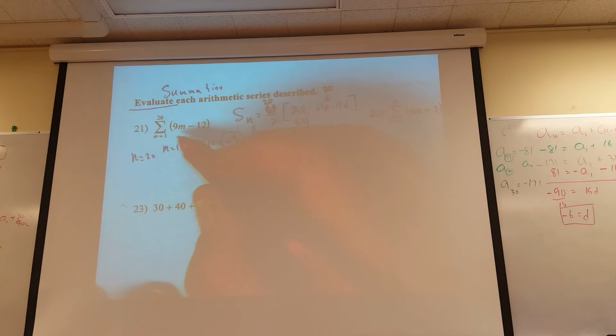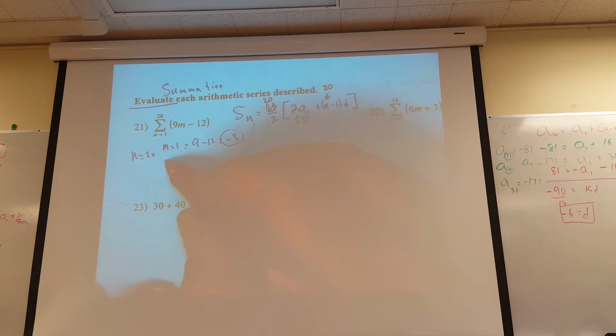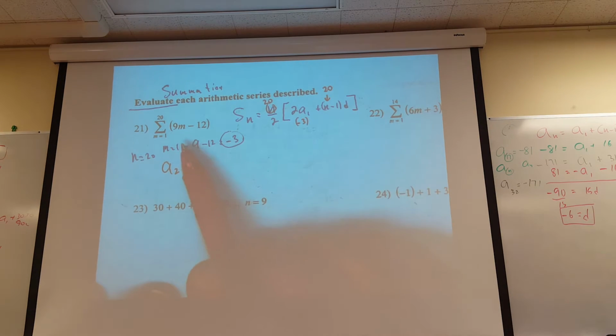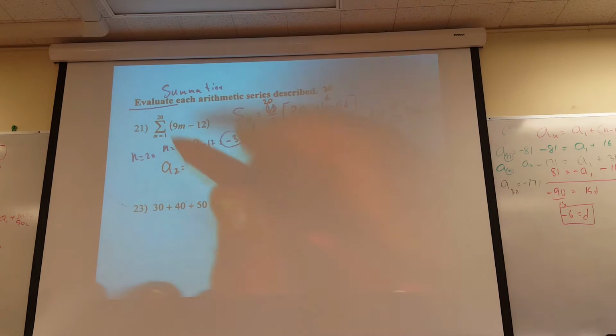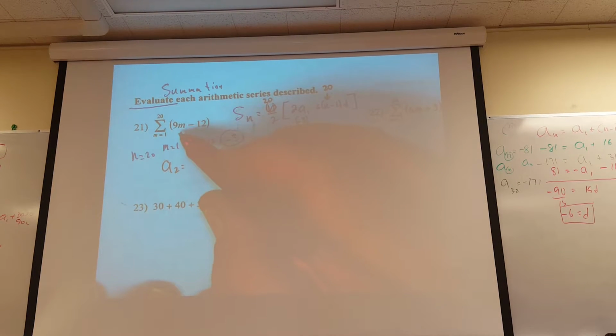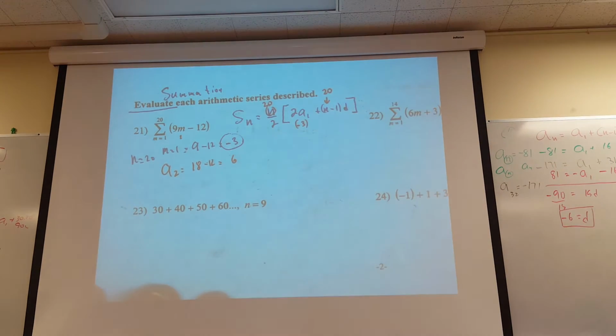What happens if I find the second term, a2? What do I put in for m? 2. So 9 times 2, that's 18 minus 12, that's 6.